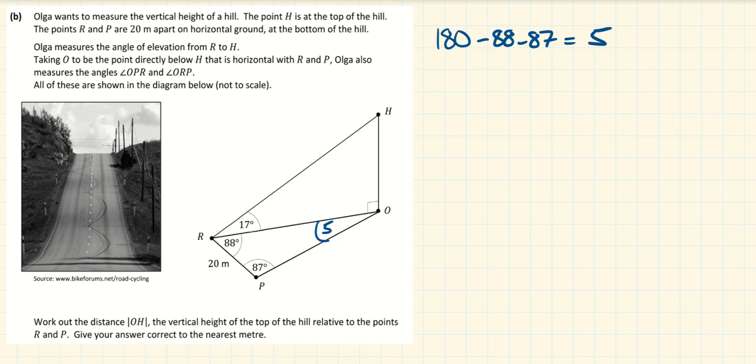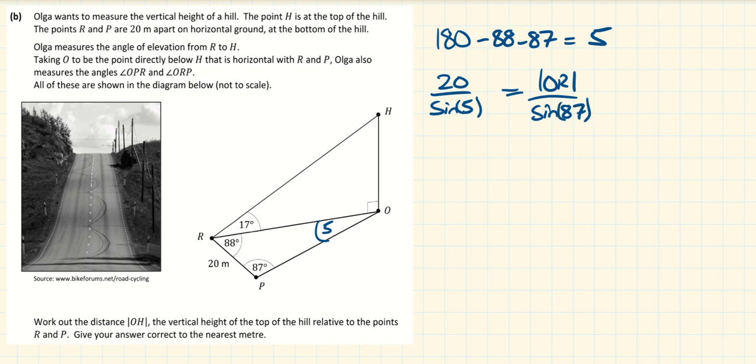Okay, now, we want this height, so that means we first need this bit here. So we do actually just need the sine rule here. So we will do 20 over sine 5 is equal to OR over sine 87.